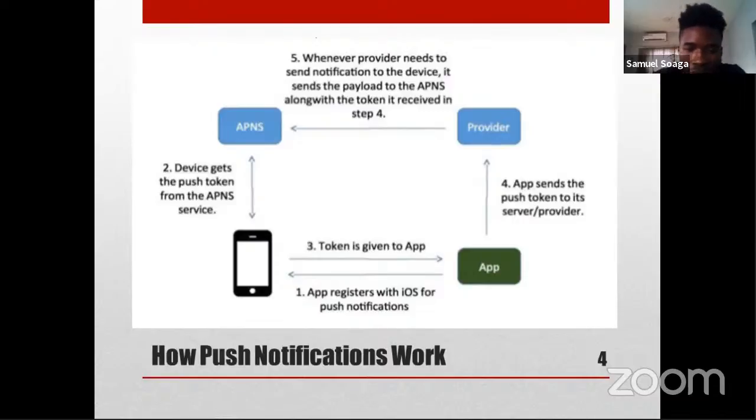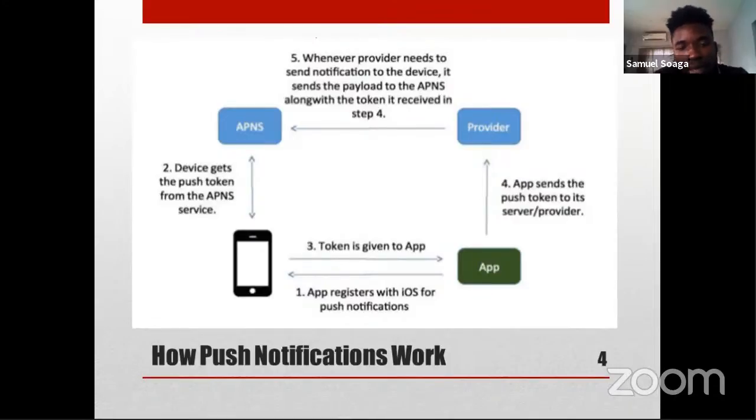So how it works is that once you build your app, you register with iOS for push notifications. I'm using iOS as an example. After building the app, you tell Apple, which runs APNS, that you want to enable push notifications in this application.